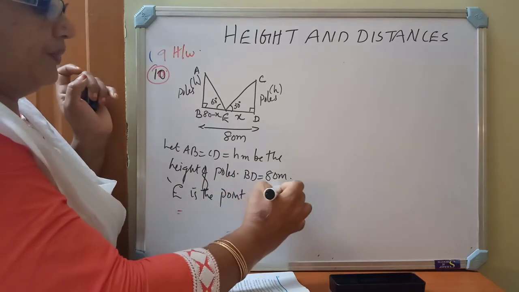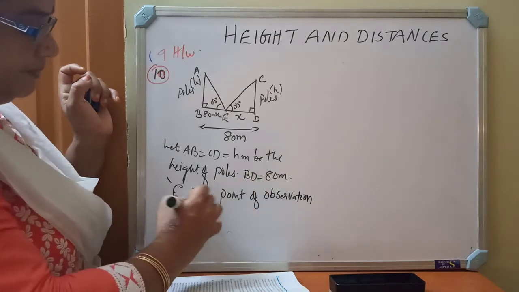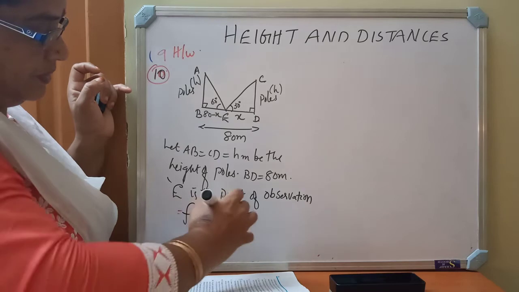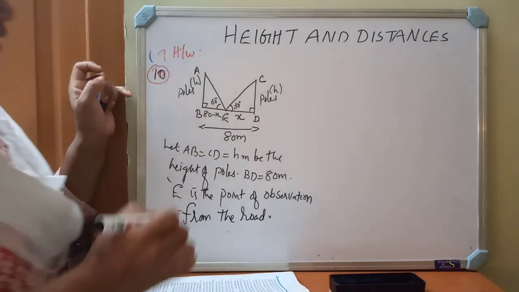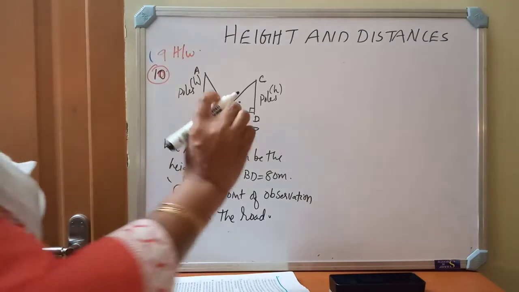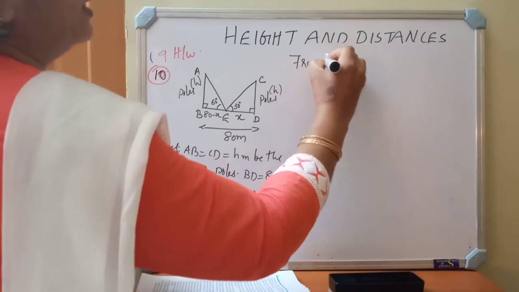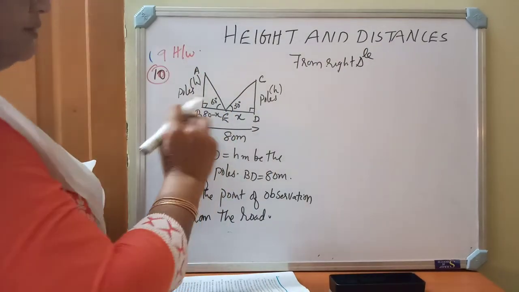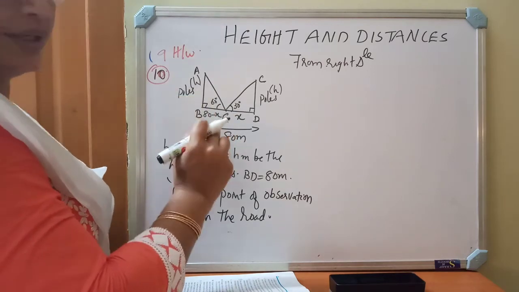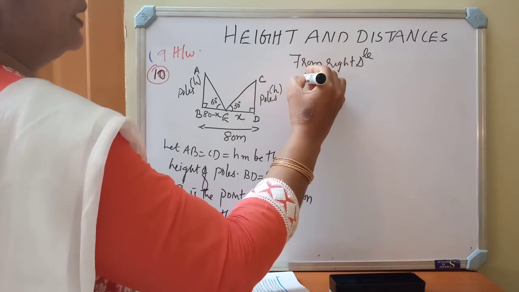Okay. So from the right triangle, which triangle are we considering first? ABE, isn't it?